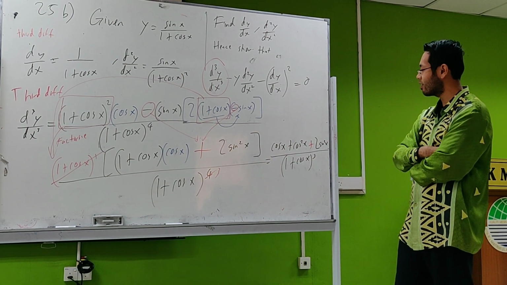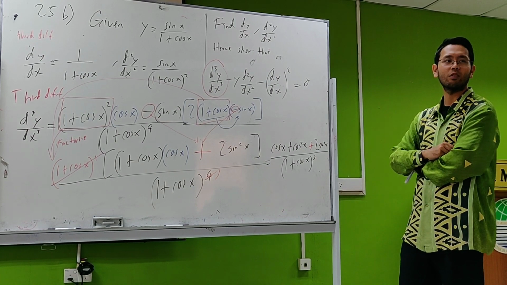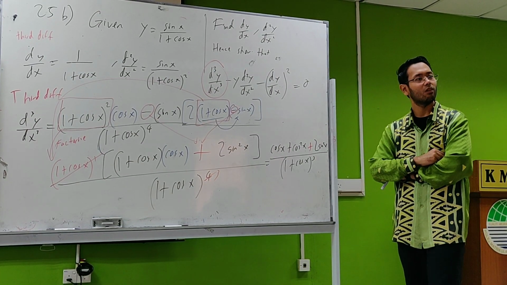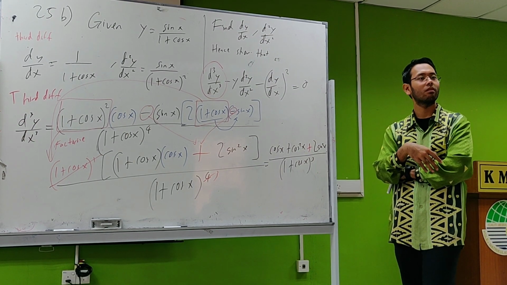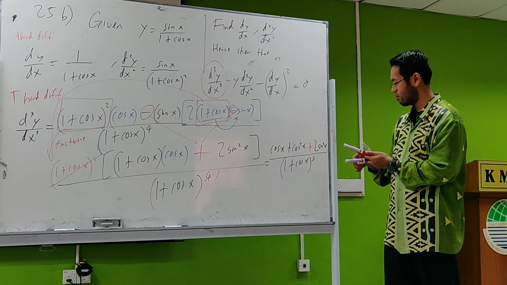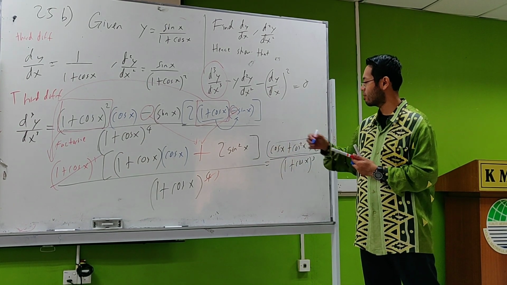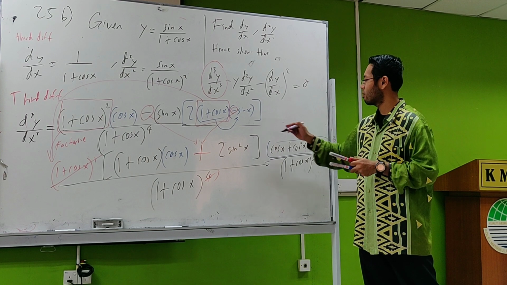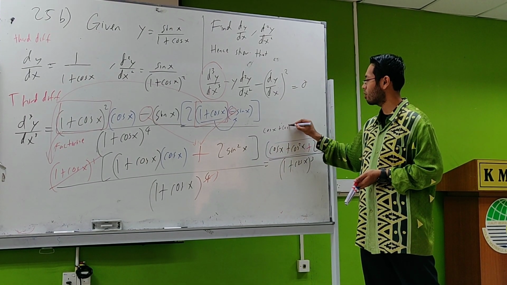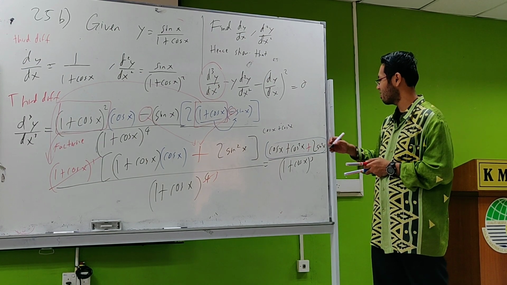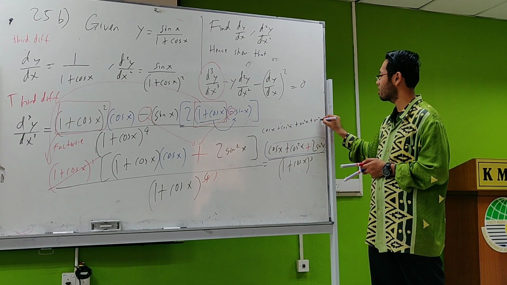I think 2 sine squared x I can write down as sine squared plus sine squared, like 2 apples from 1 apple plus 1 apple. So this whole thing I can rearrange and get cos x plus cos squared x plus sine squared x plus sine squared x.